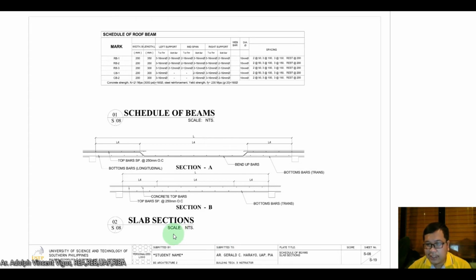You can also find it here, class, in S8, your slab sections. This is a section of your beam. This is section A, and this is section B. These are taken at different points of your slab.